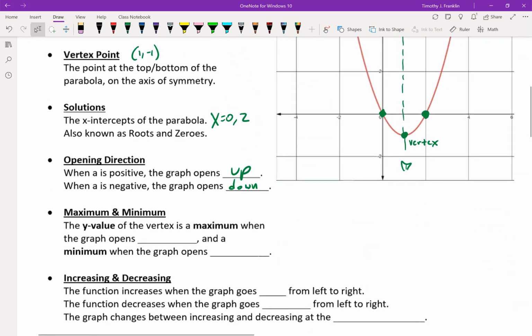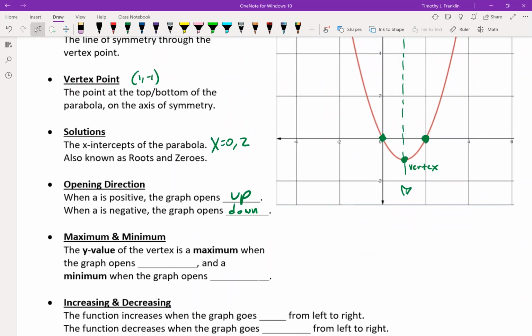So minimums and maximums. We're talking about the y value of the vertex. So think of y as your vertical direction, your vertical axis. So the y value of the vertex is a maximum value for this graph when the graph opens down, so when the vertex is the highest point, and it is a minimum when the graph opens up.